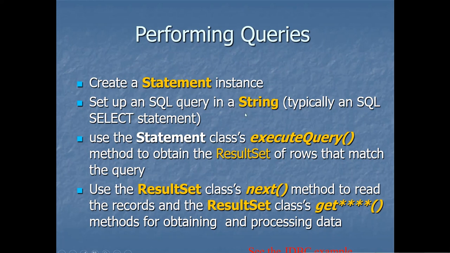Then I set up my SQL query as a string. And I'm going to call execute query, which is a method of the statement. Well, it's not really a class, it's an interface, but there is something that the library has provided for us, that the driver has provided for us, that is a class that implements statement. And it's going to give me a result set.